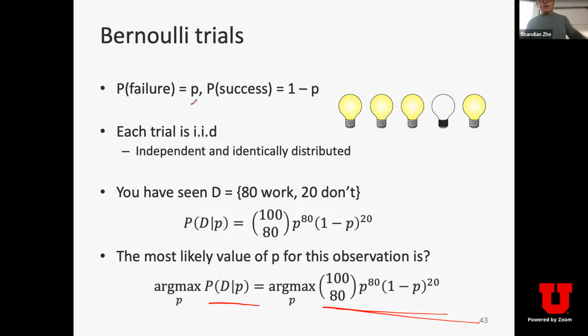But the parameter we want to estimate from data is continuous. It's a continuous value between 0 and 1. It could be 0.2, it could be 0.8, it could be 0.99. So that means we can use a gradient-based approach to maximize this.